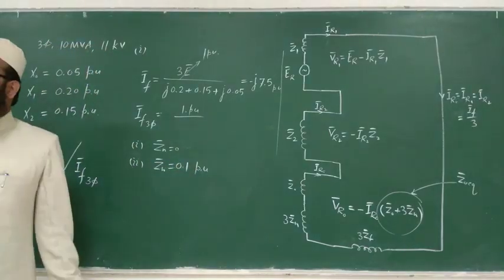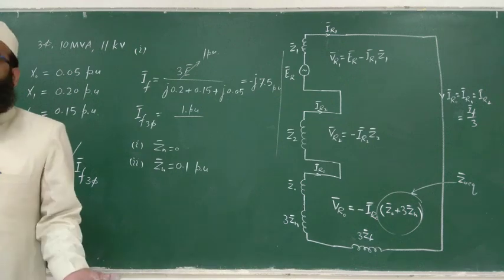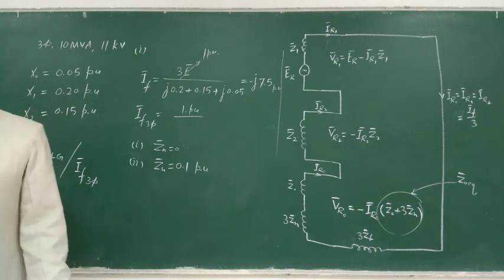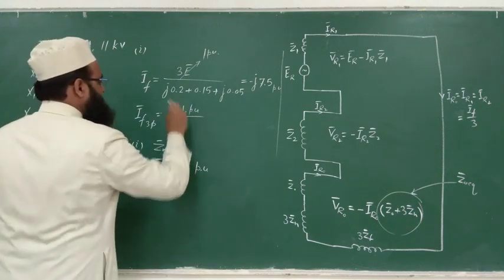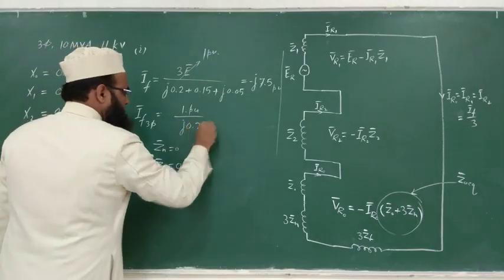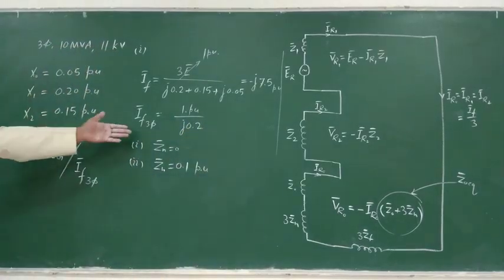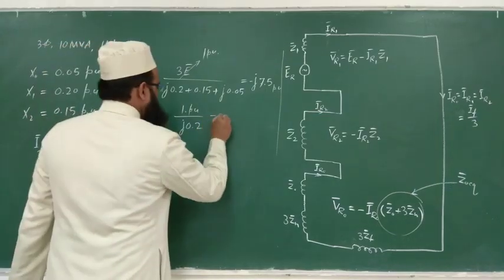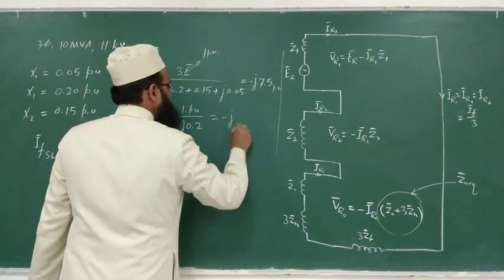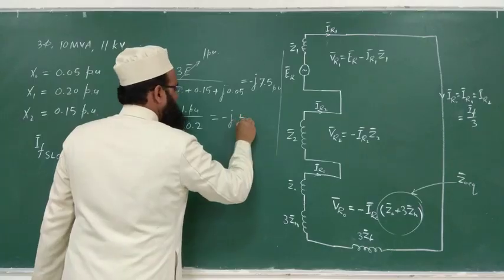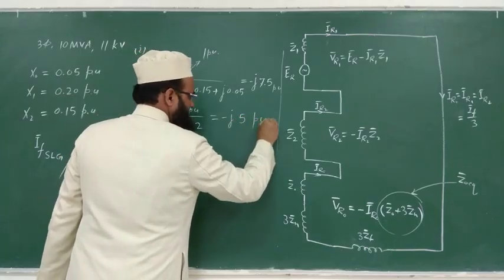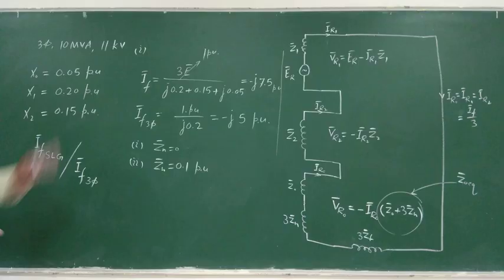If the condition is balanced, the negative and zero sequence components will be 0. X1 is j0.2 for the same machine we are talking about. So how much is it coming out to be? Minus j5 per unit for case 1.